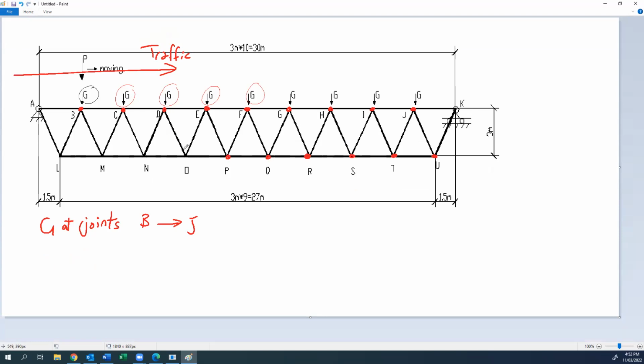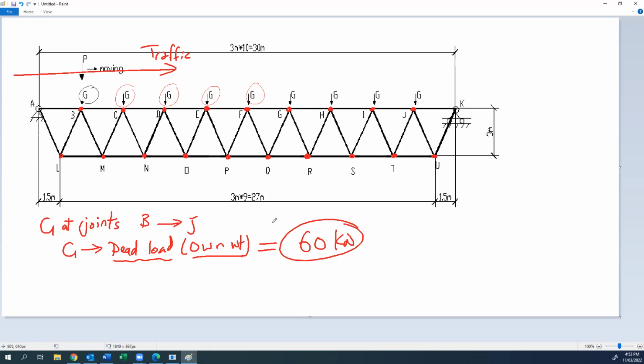G represents the dead load of the truss, or the own weight of the truss. It is given that G is 60 kilonewtons. Each one of them is 60, not the summation of them. Each one of them is 60 kilonewtons.